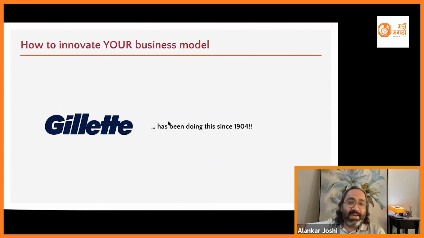But if you think about who did it first and when, any guesses? Gillette has been doing it for more than 100 years, by making money on that little blade, and that's where all the innovation has been. They've created all kinds of blades, battery operated and more.